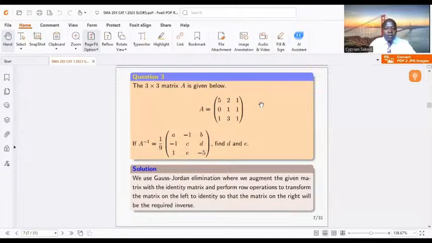And so the identity matrix, which was on the right side, would then be transformed into the inverse of this matrix. That's what I was saying. Let me show you what I did.